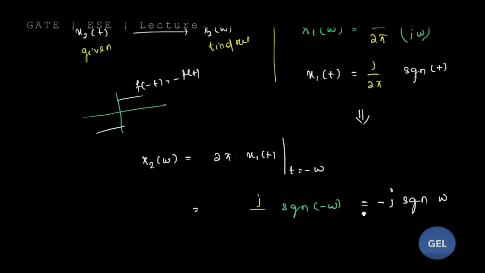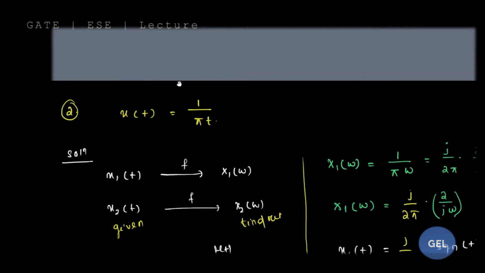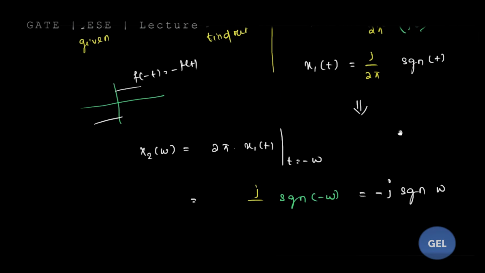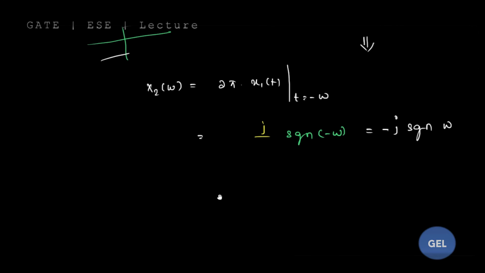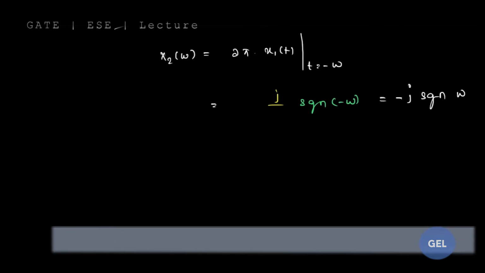So you got the Fourier transform of 1 by pi t. That is nothing but minus j signum omega. This is the value that you got, the answer. But this will be represented in this way, a very important representation.